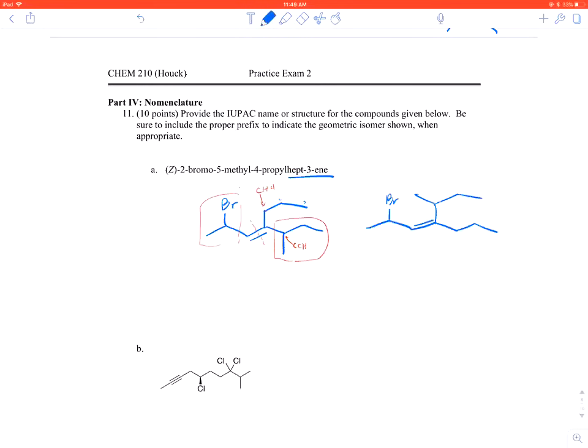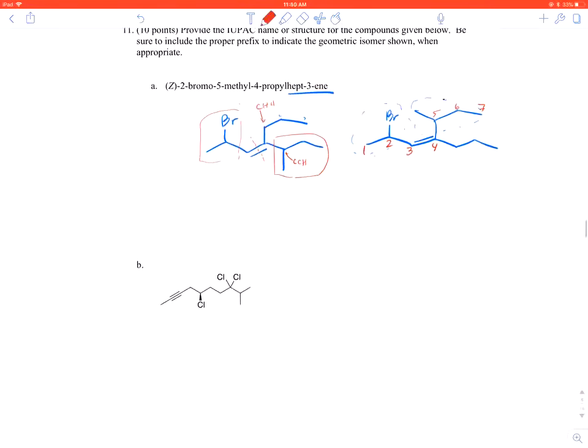So now my high priority groups are on the same side. The longest continuous chain, of course, is still 7. I think that's easy to go from the name to the structure.